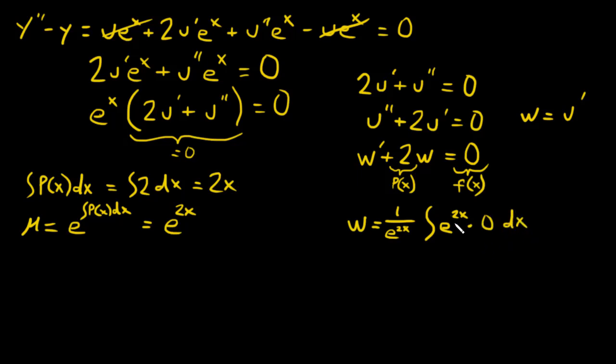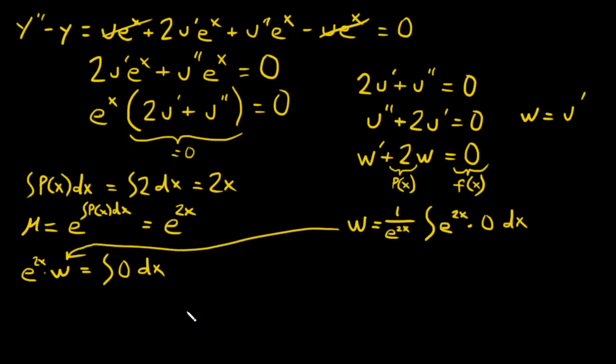First thing I'm going to do is multiply both sides by e to the 2x to get rid of this in front of the integral, and get e to the 2x times w equals the integral of 0 dx.